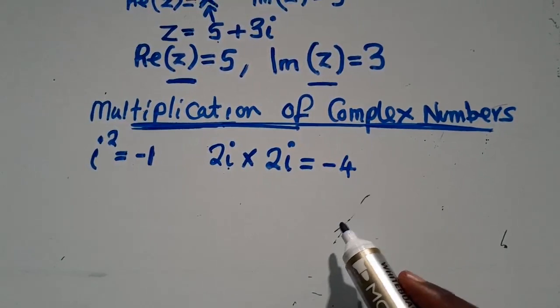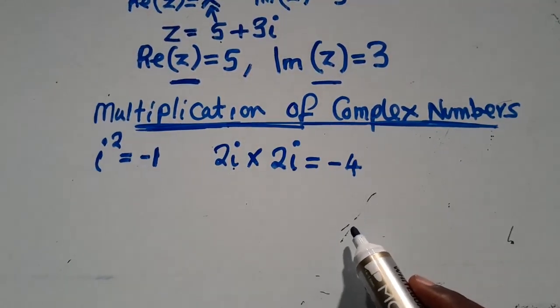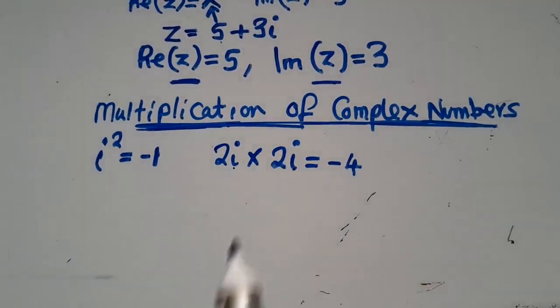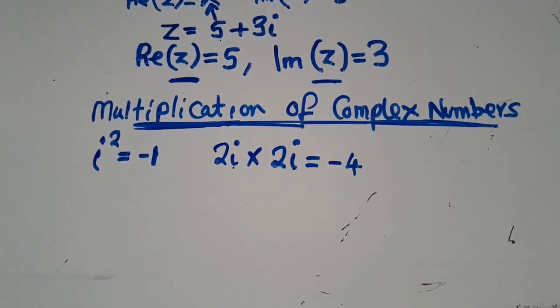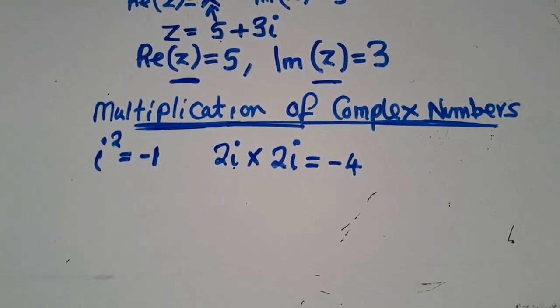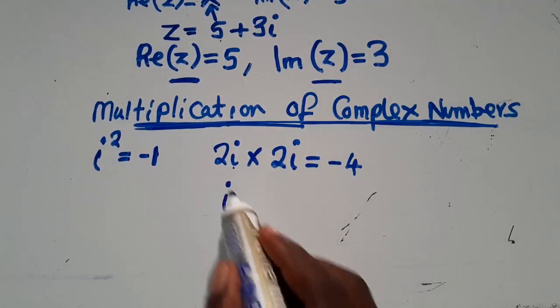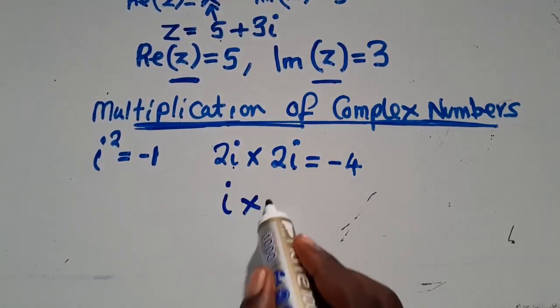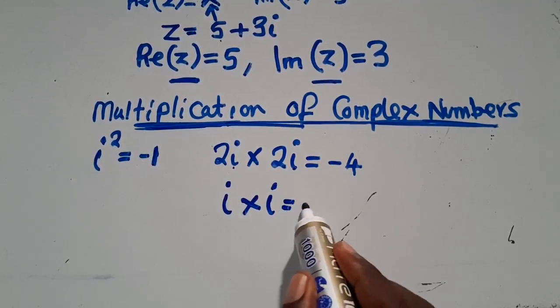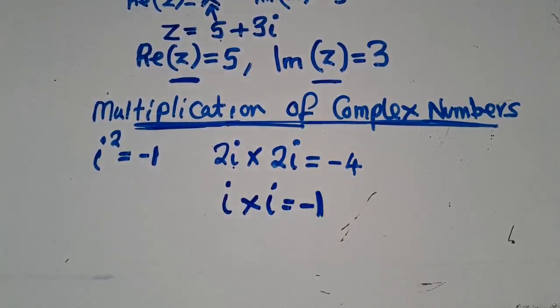Have you seen? I want you to understand this. The same way I'm working this out is the same way you are supposed to get the full concept. So if I say i times i, your answer is -1.